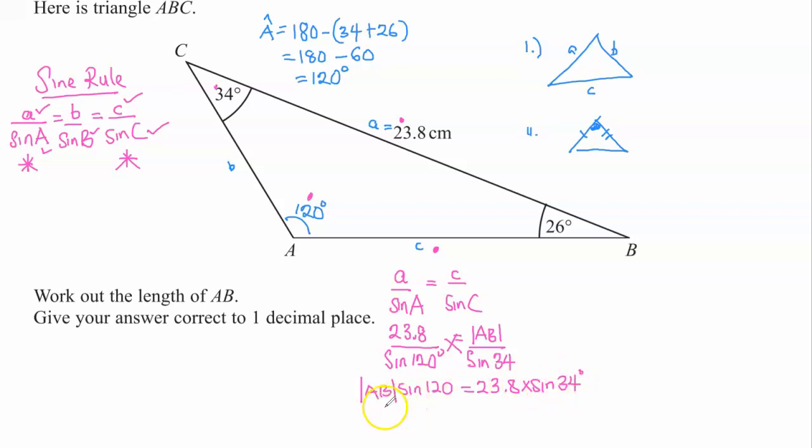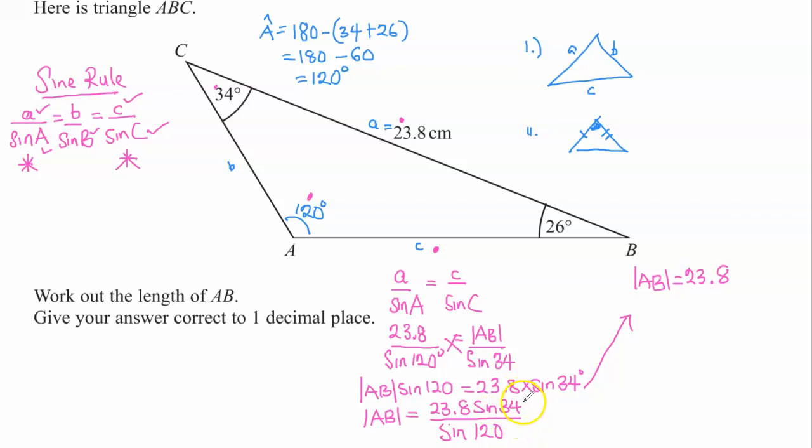So if I divide both sides by sine 120, AB is going to give 23.8 sine of 34 degrees divided by sine 120. So the length of line AB is 23.8 times... okay, so let's figure out what sine 34 degrees is.